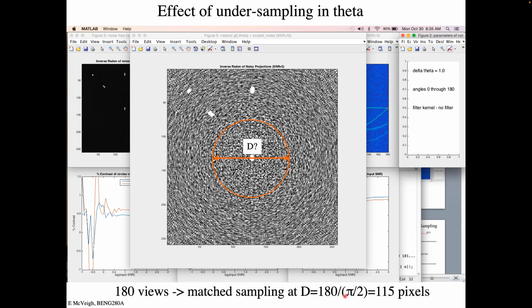And so it turns out to be a diameter of 115 pixels. Inside there, we have a match between our sampling rate in the L direction, the delta L, and what my sampling rate is at an arc for 180 views. If I do 360 views, then I can go out farther and I will have enough to sample that arc with the same frequency.